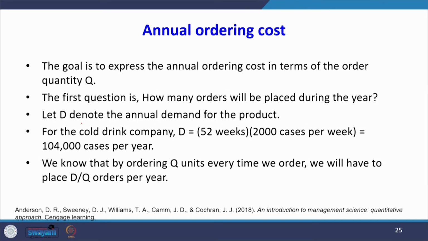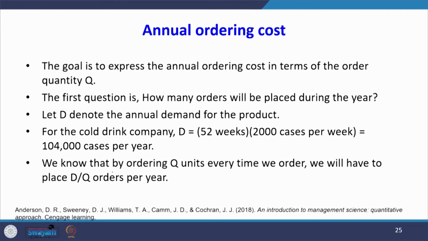Let D denote the annual demand for the period. For the cold drink company which we are discussing, the demand is annually 52 weeks, per week demand is 2000, the total is 1,04,000 cases per year.